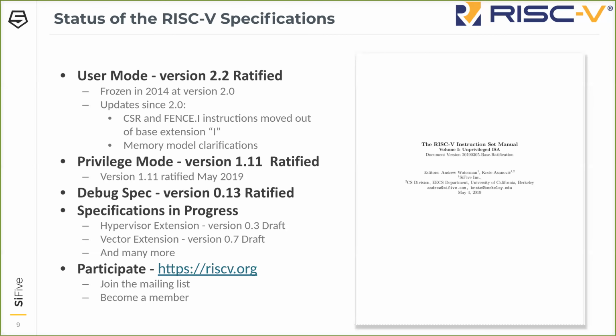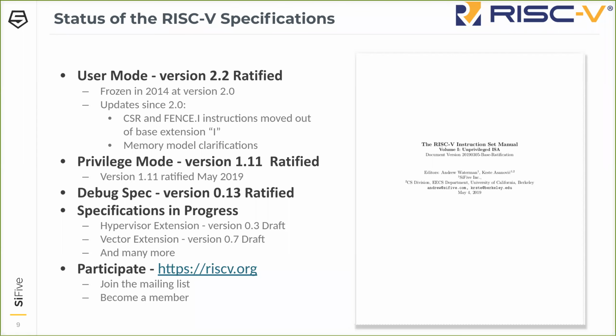And since 2.0, there have been some minor updates, such as moving specific CSR and fence instructions out of the base user instruction set, and also some clarifications on the memory model. The RISC-V privilege mode specification was just ratified at version 1.11. And then the debug specification as well was also ratified at version 0.13.